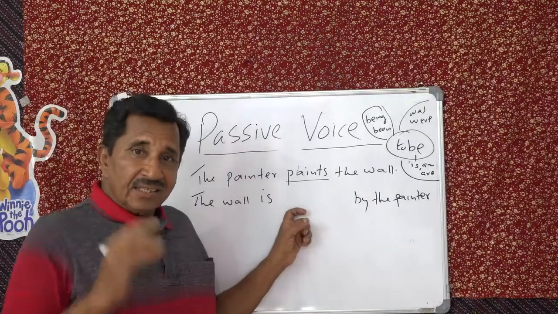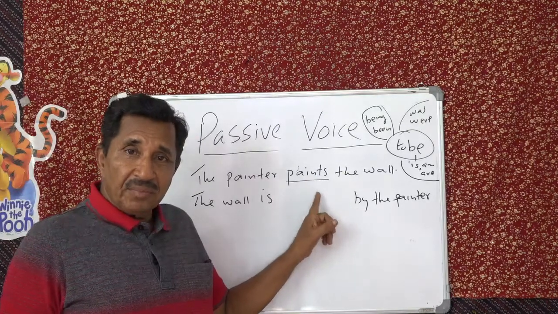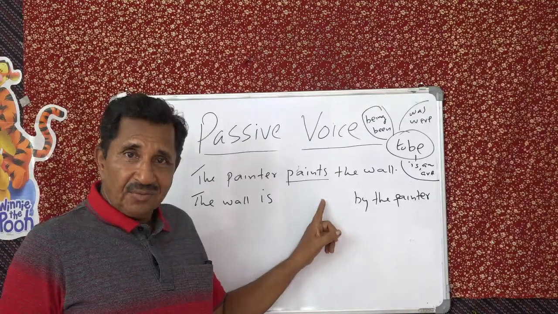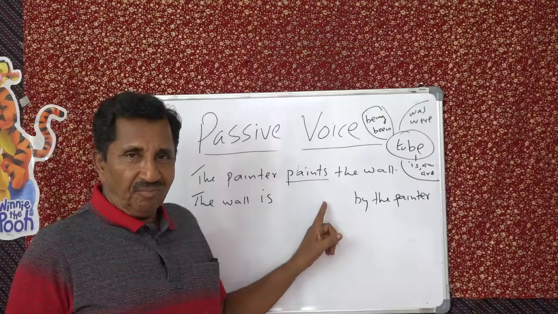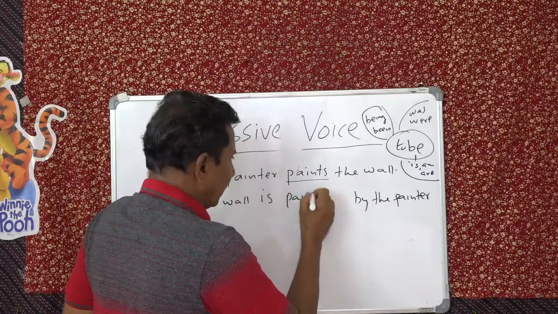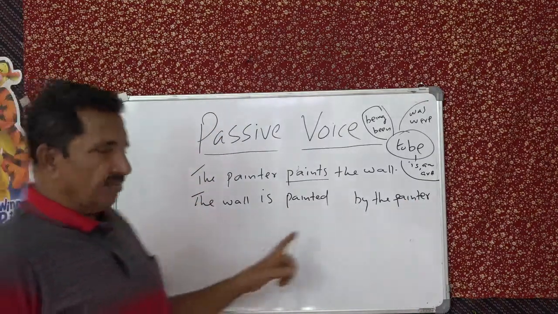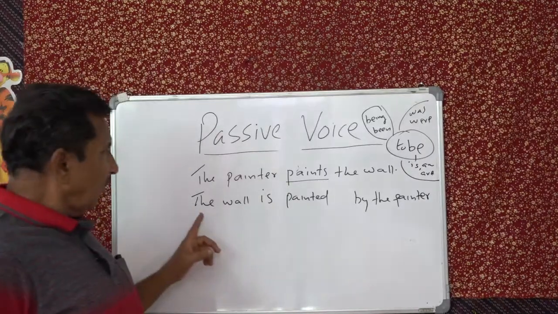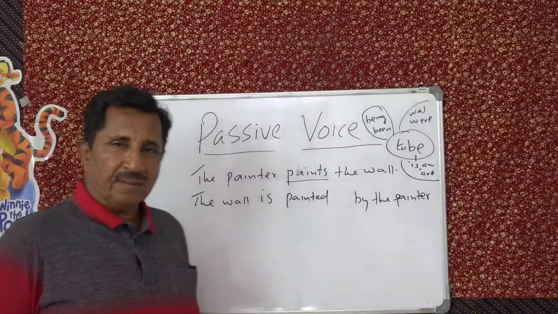And next, this is the main verb here. You have to write down the past participle of this verb. Painted, by the painter. Then this is passive. This is active. The passive of this active sentence is: the wall is painted by the painter.